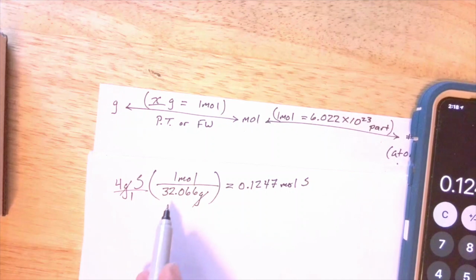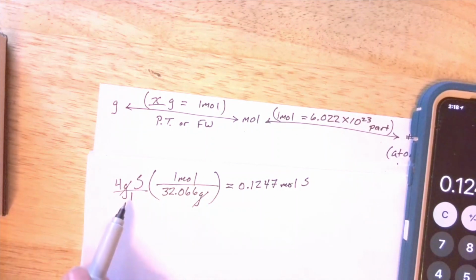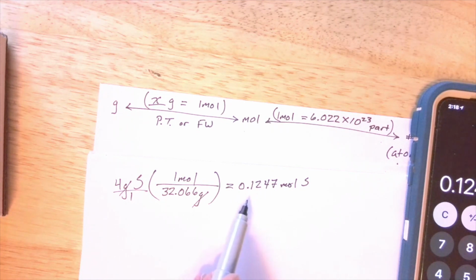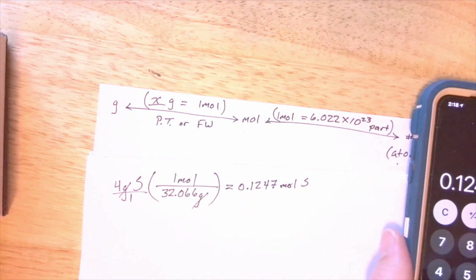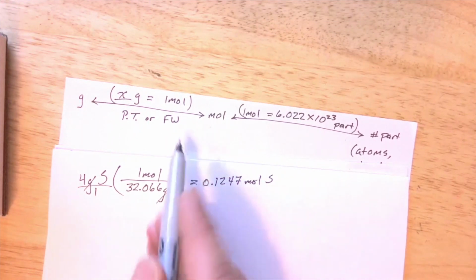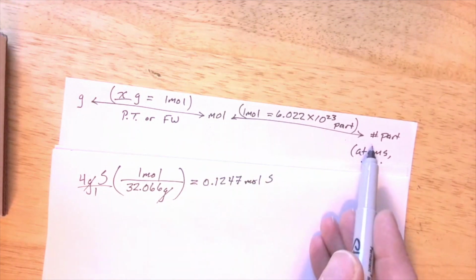If you think about it, the 4 goes into 32 here about 8 times. Okay, so that's about 1/8 of the amount here. Right now, we have a number of moles of sulfur, so we're right here. We need to go to number of atoms.